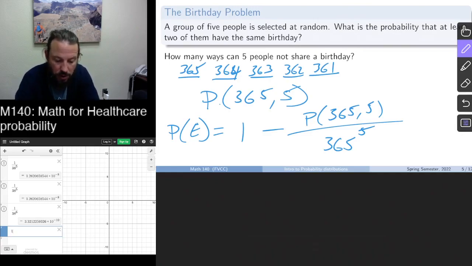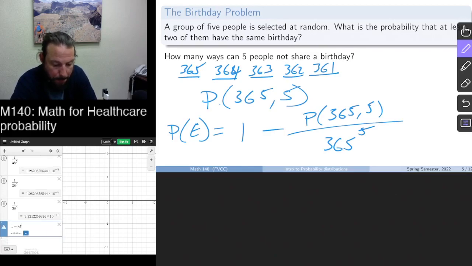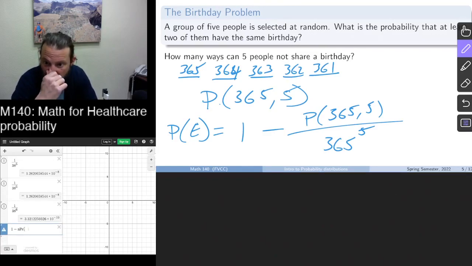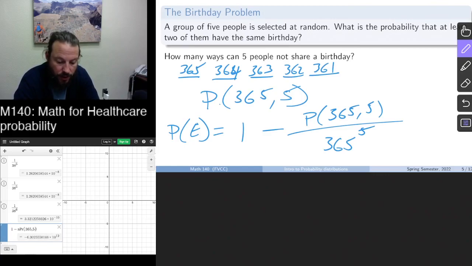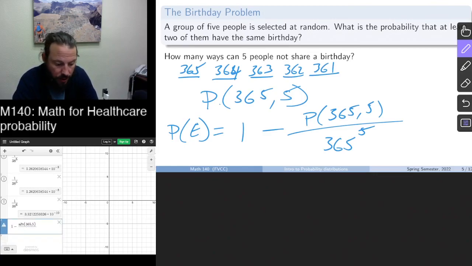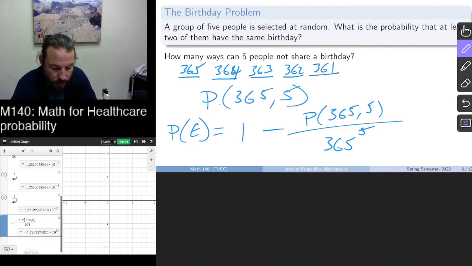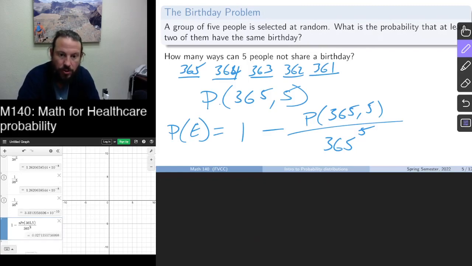It's going to be 1 minus nPr now, because these are permutations. 365 things taken 5 at a time, and divide by 365 to the 5th, which is the size of our sample space.